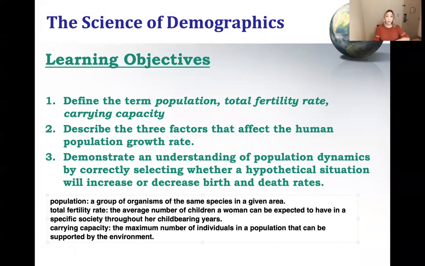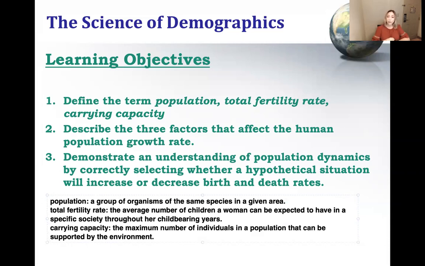Again, not the exact same definition I gave you before, but it means the same thing. So think about the Kaibab Plateau. It supports 10,000 deer, but food was a limiting factor. So when they got to 30,000 deer, a bunch of them starved until it came back down to 10,000. So humans do not have a carrying capacity as of yet.